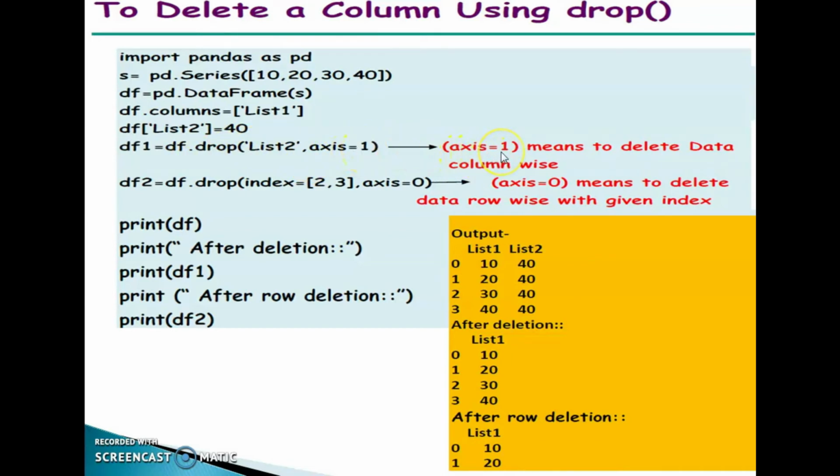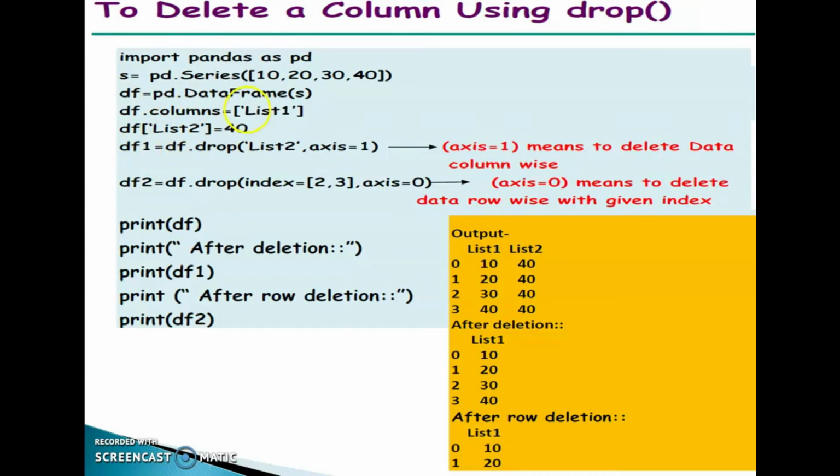Axis equal to 1 means to delete data column wise. That means list 2 is deleted from the data frame object df and stored in the data frame object df1.